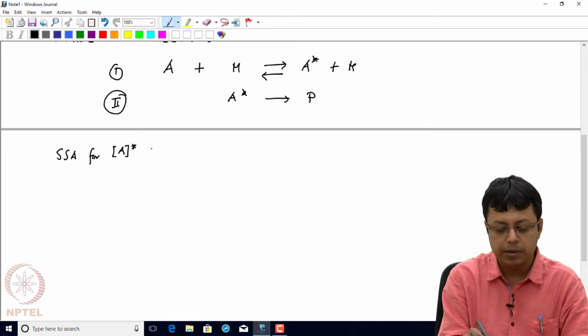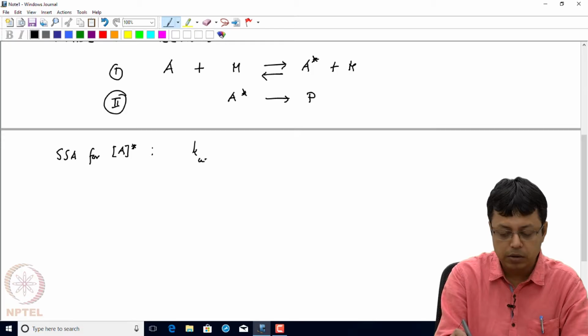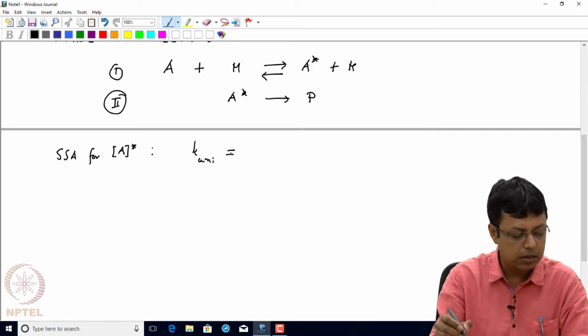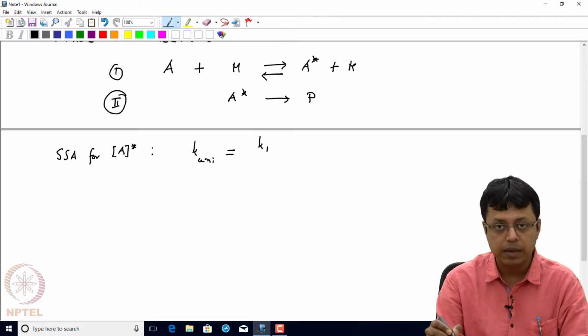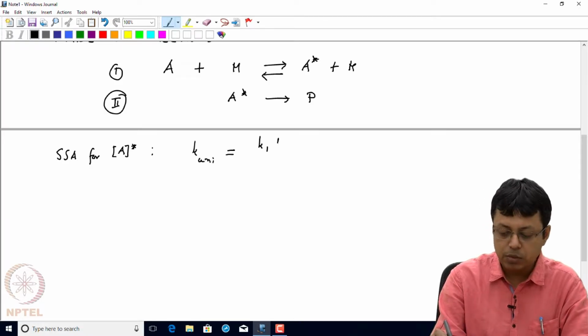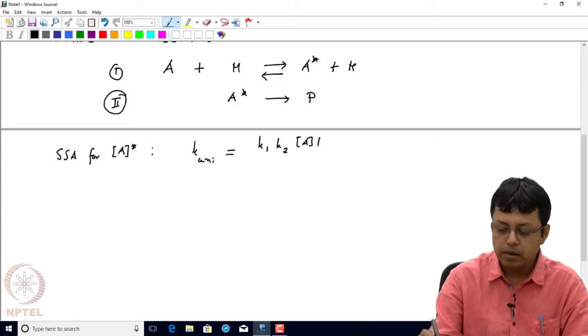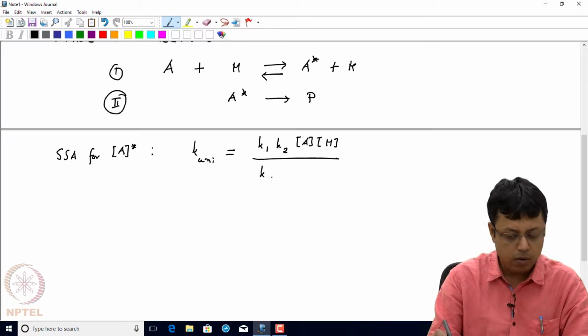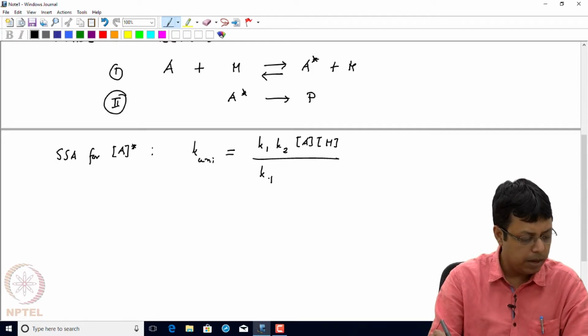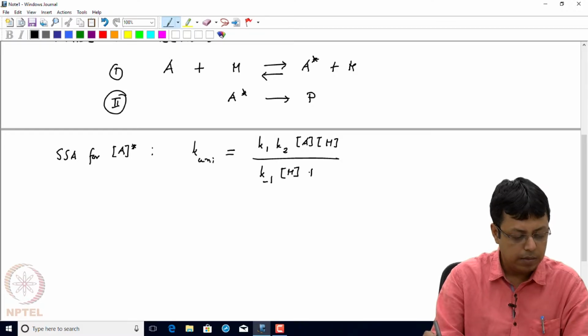Then the overall rate of the unimolecular reaction, which we derived when we discussed reaction mechanisms (you can go back and look at those lectures), is equal to k1 times k2 times A times M divided by k minus 1 times M plus k2.